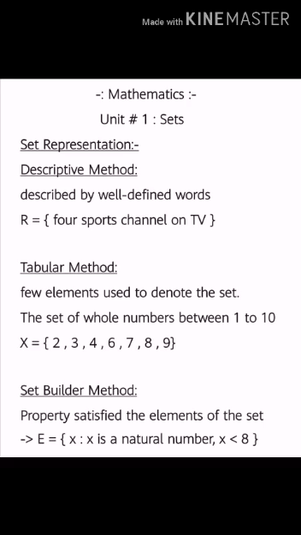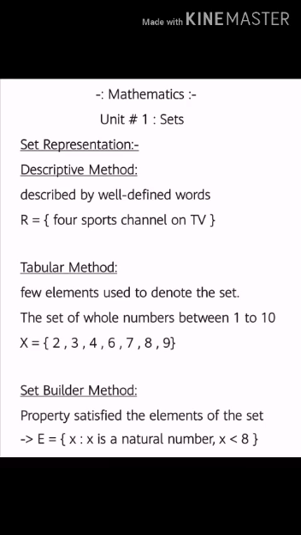The next form we have is the tabular method. It is also known as the roster method. When there are only a few elements of a set, the tabulation or roster method is used to denote the set. In this method, the elements of the set are all listed between a pair of curly brackets and separated by commas.